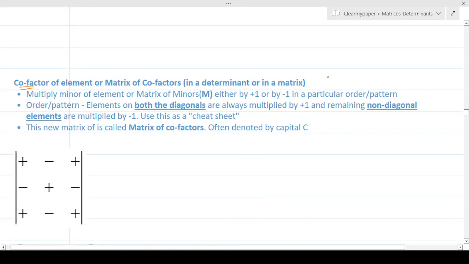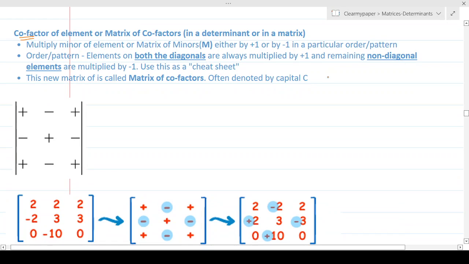Okay, let's talk about cofactor. The cofactor of an element comes into play when you multiply the minor of an element, or for that matter the whole matrix of minors, which is denoted by capital letter M, by either plus 1 or minus 1 in a particular order or pattern.